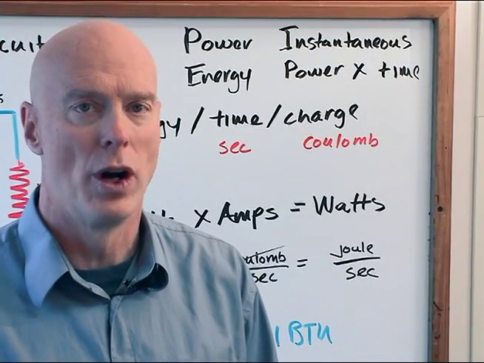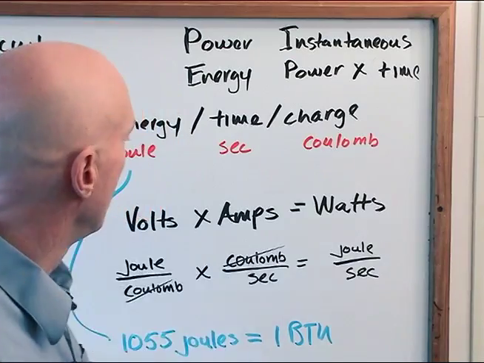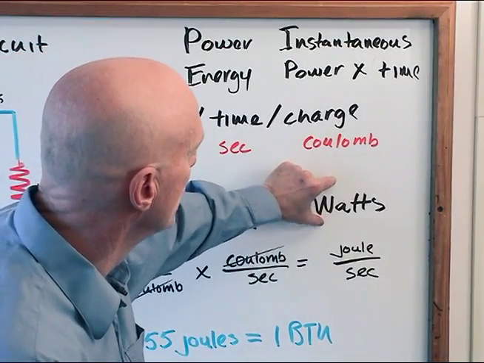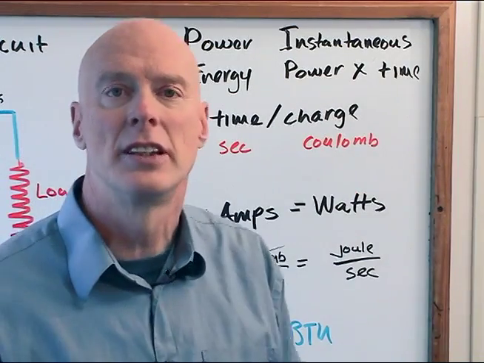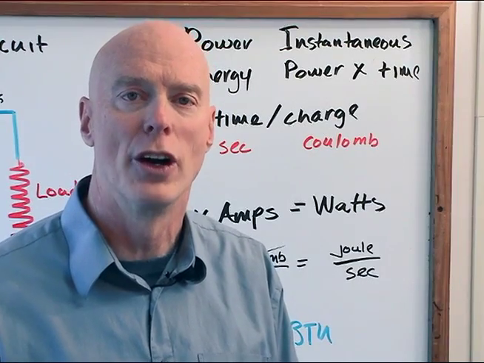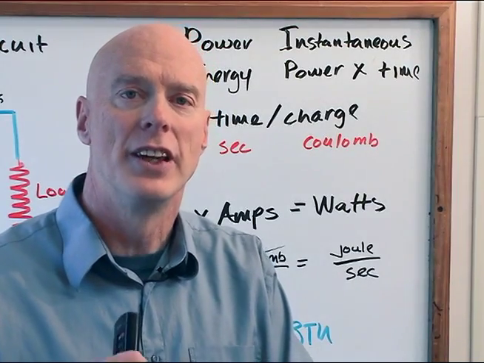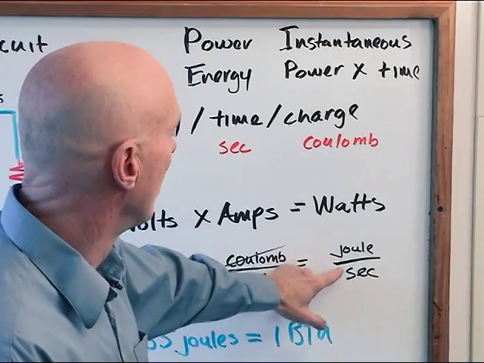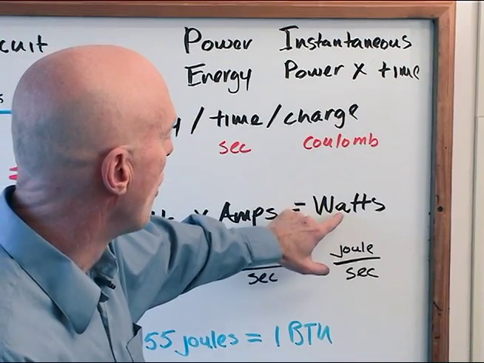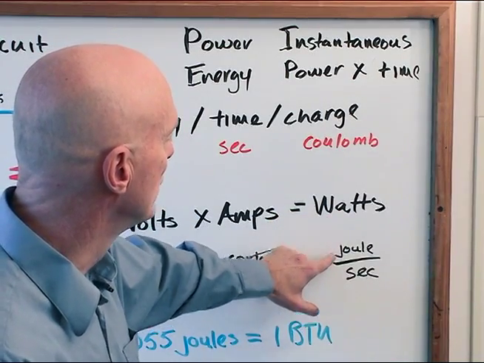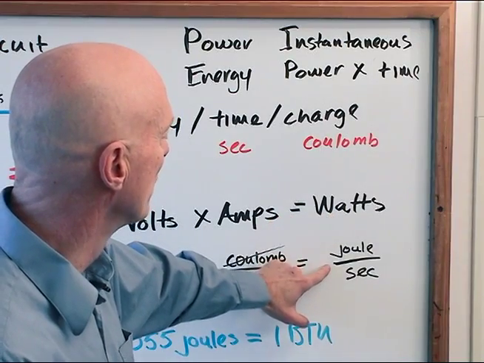And the reason why I wanted to explain this to you is that people get very confused about this unit because they know it's an instantaneous draw of power, but they don't see the unit of time in this unit. But a watt is a joule per second. If you just remember that, it'll be easier for you.